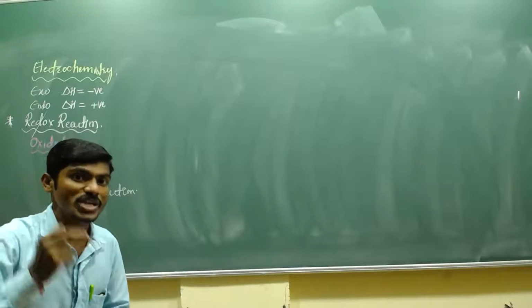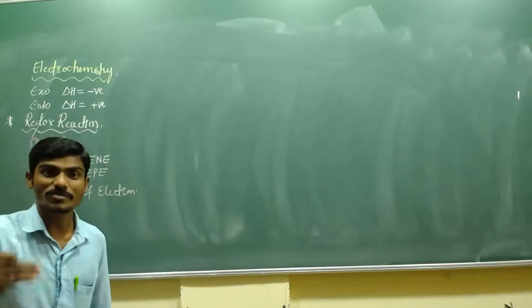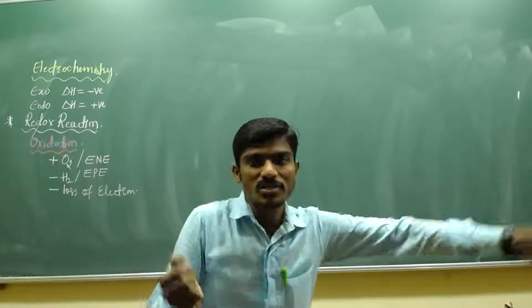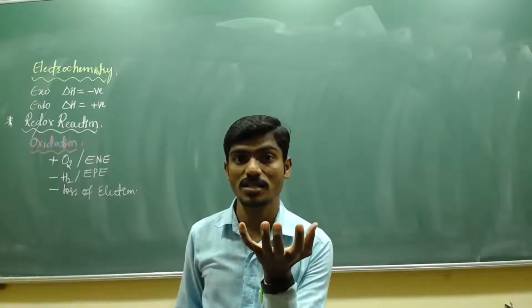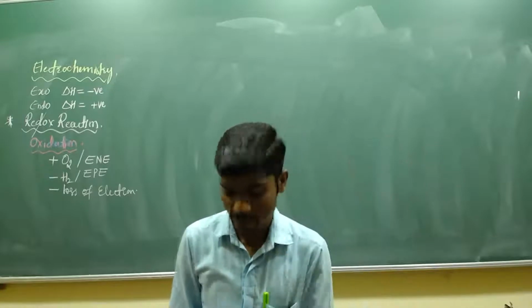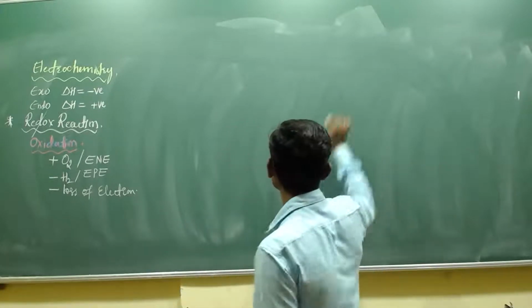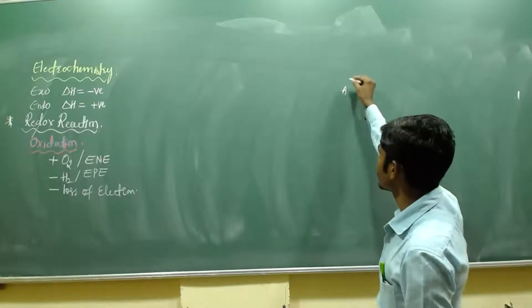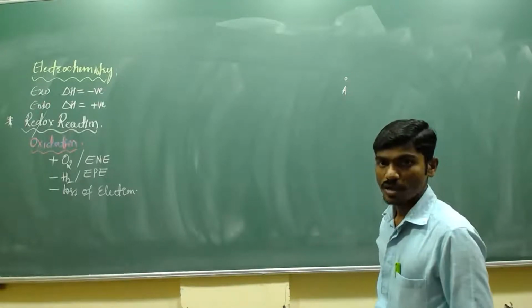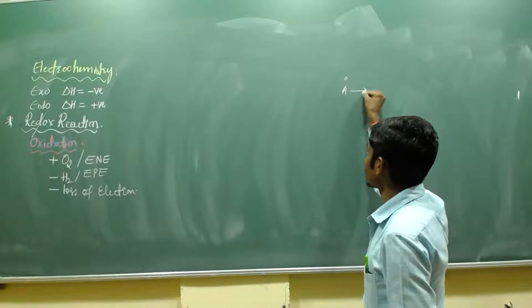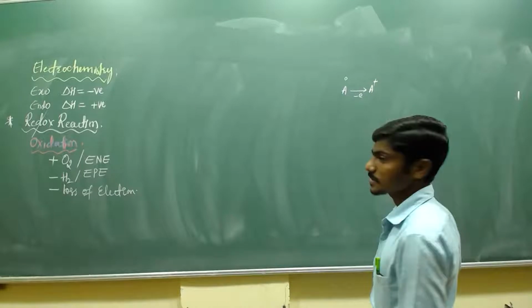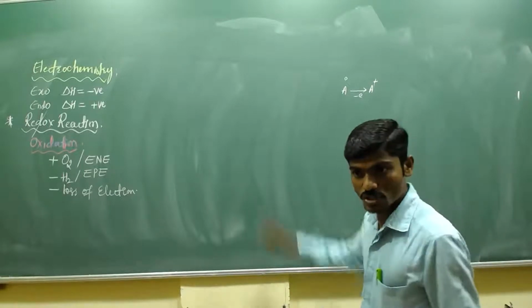In terms of charge, if one electron is lost from an element, what will be the charge carried by the ion? For example, take an element A in its ground state, with charge 0. From this, if one electron is lost, we get A plus. So the charge goes from 0 to plus.